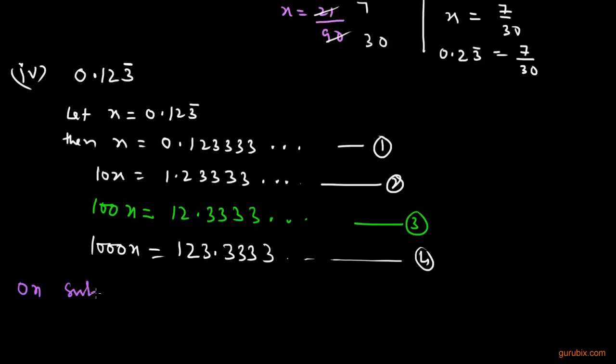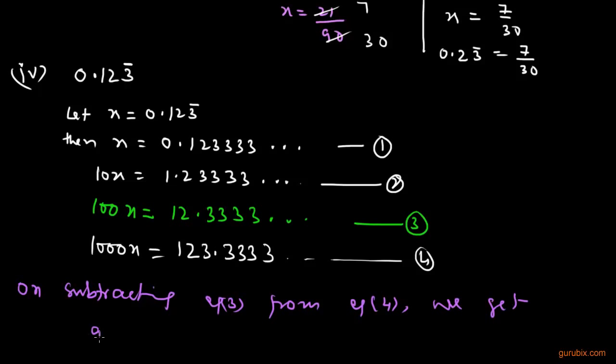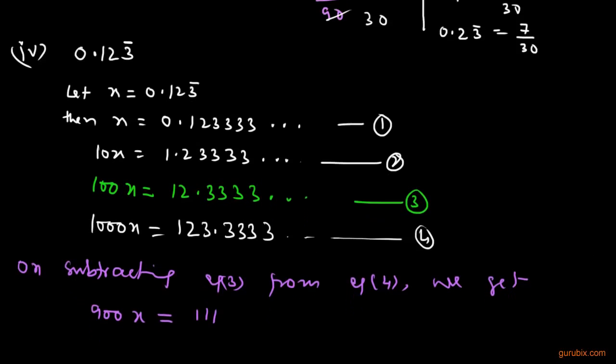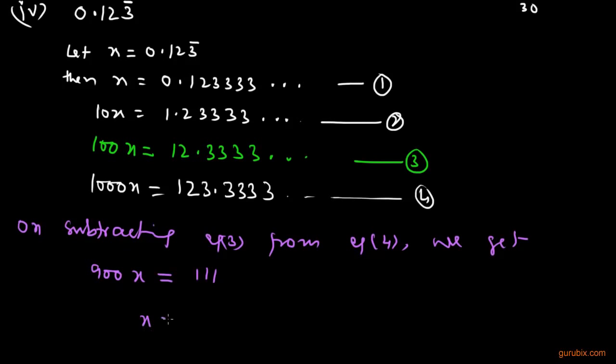On subtracting equation number 3 from equation number 4, what do we get? We get 900x equals 111. Therefore x is equal to 111 over 900, and we can cancel these values by 3.